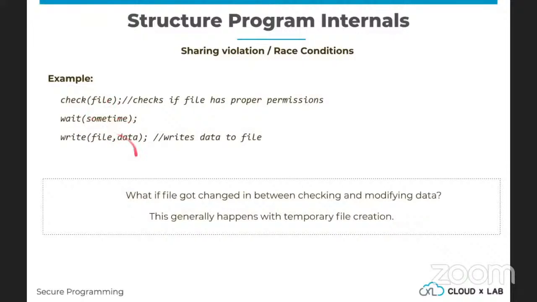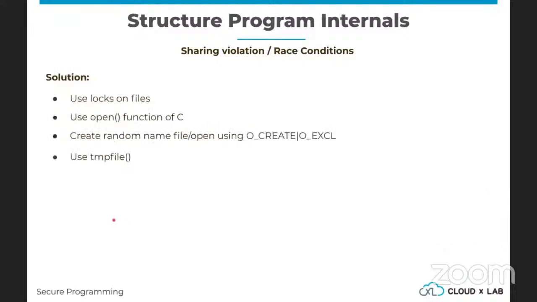Somebody created a symbolic link, and when the program was writing to that file, the symbolic link got overwritten, and that led to so many compromises in Unix.